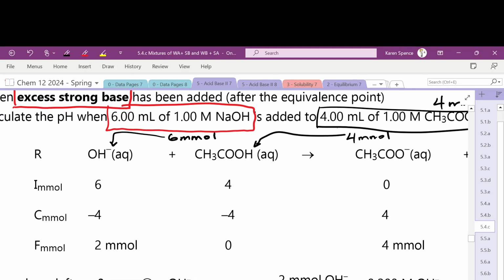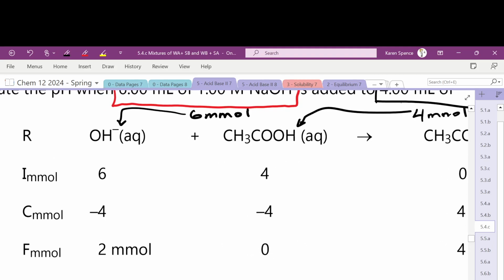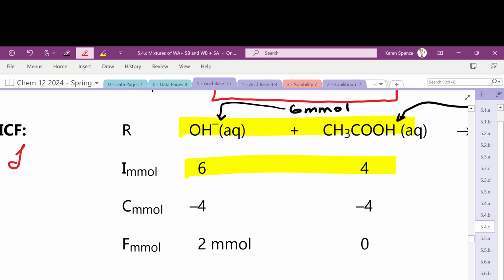Who is the excess reactant and who is the limiting reactant? Tell your partner. Remember, the limiting reactant is all used up, yes?